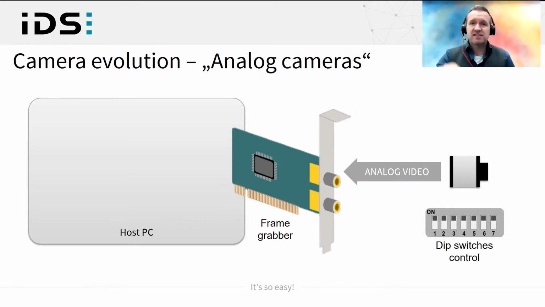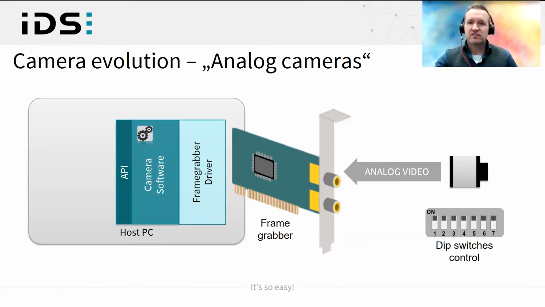However, even at that time, the system architecture of the whole machine vision software system already consisted of the most fundamental components. We have the camera, we have a data transfer to the host PC, we have a low-level software for managing the hardware.